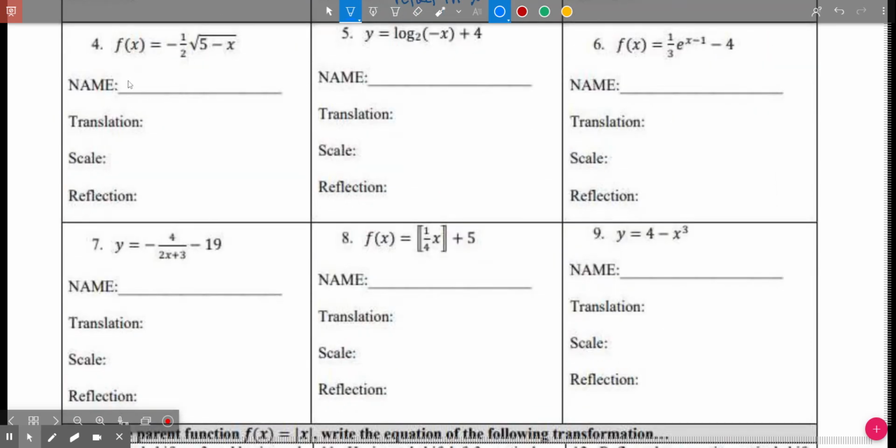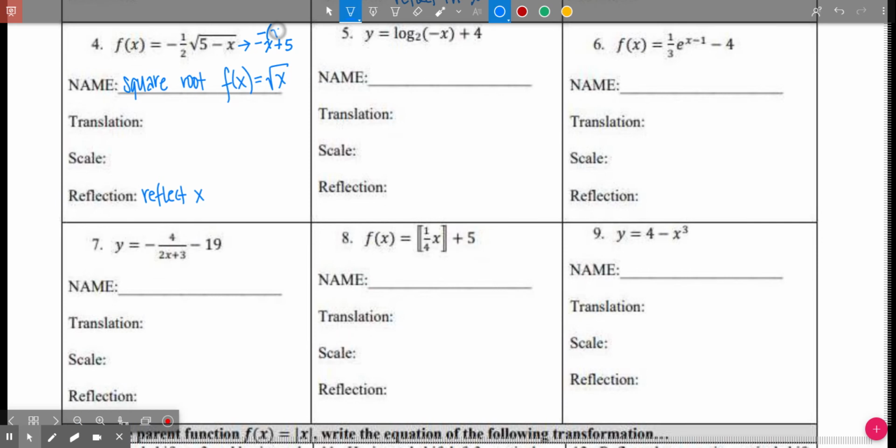And number 4, this is the square root function. And the parent function for a square root function is f of x is equal to the square root of x. I have reflected in the x-axis, but if I factor this inside, this is -5x plus 5. And remember, you should factor before you determine any shifts.